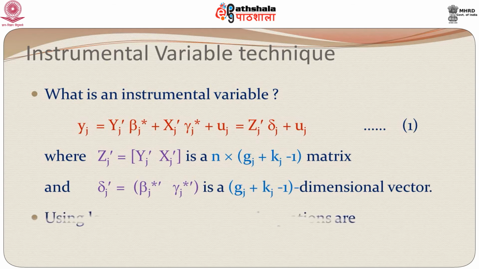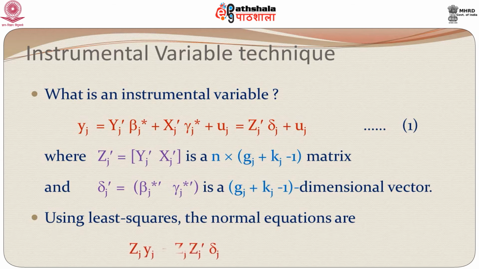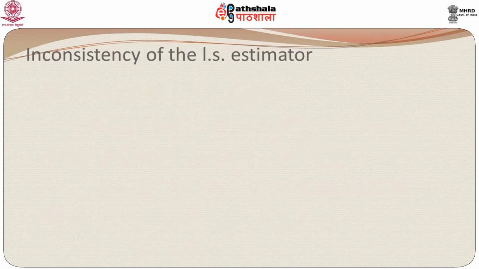So, using the least squares, the normal equations usually are zj prime zj delta j hat is equal to zj prime yj. But the problem with this is that we cannot use this, since the zj's contain y's which would be correlated with the error. So, we have an inconsistent least square estimator. We will show this.